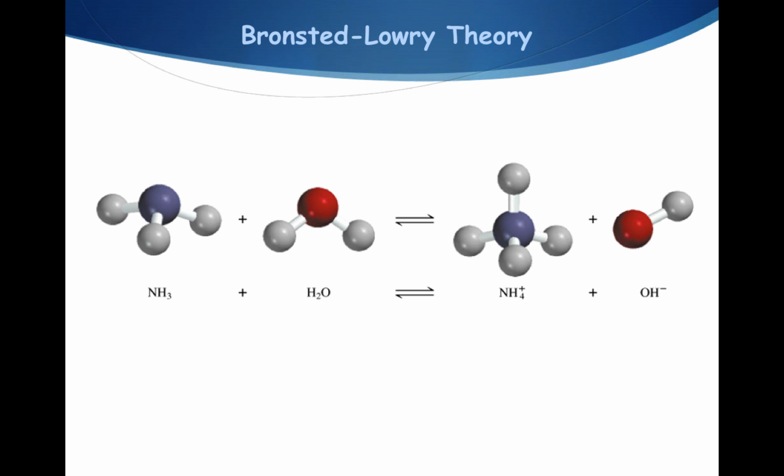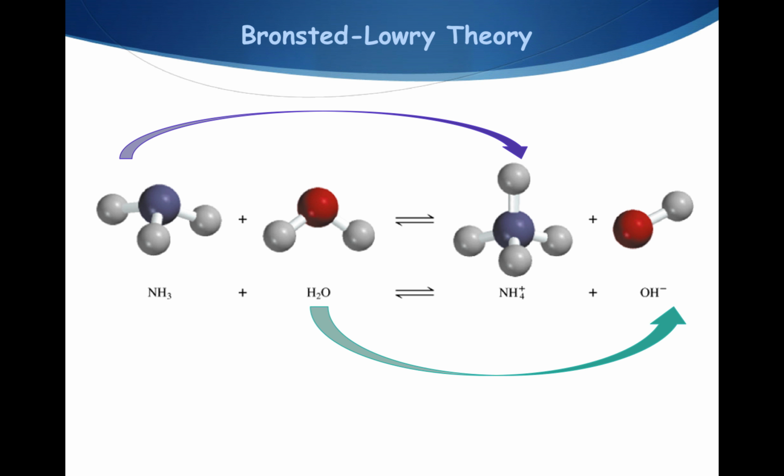To understand an equation involving Brønsted-Lowry acids and bases, connect with arrows the things that look alike on opposite sides of the equation. For example, doesn't ammonia look like ammonium? And doesn't water look like hydroxide?